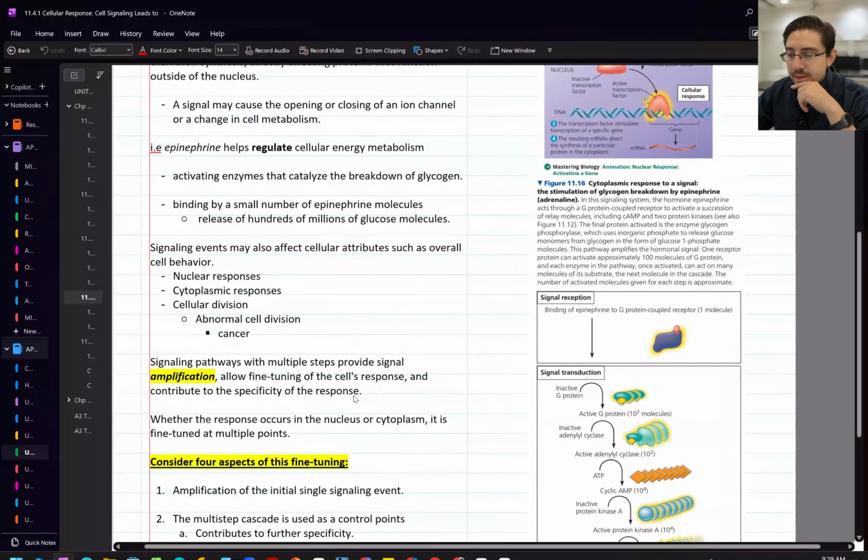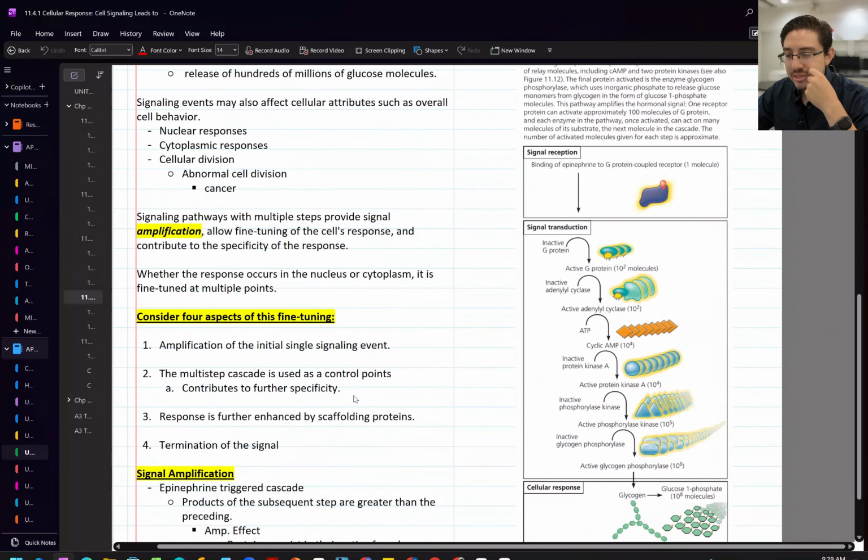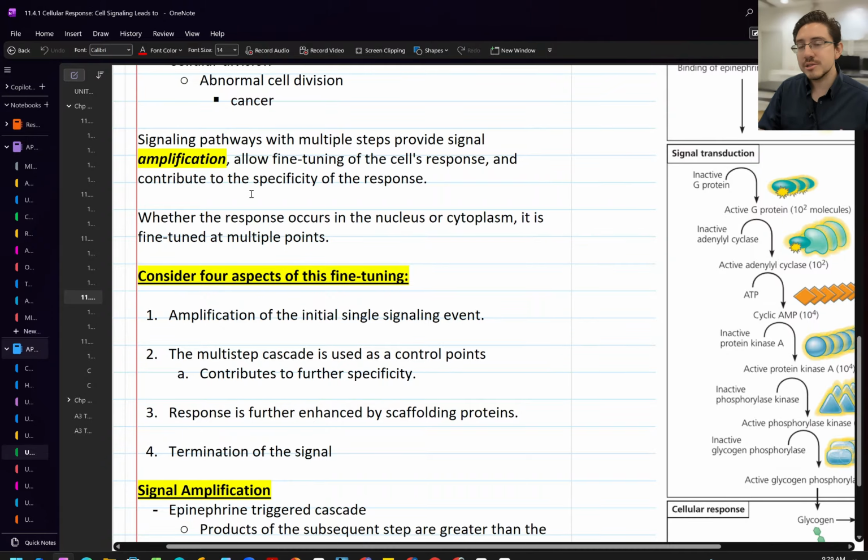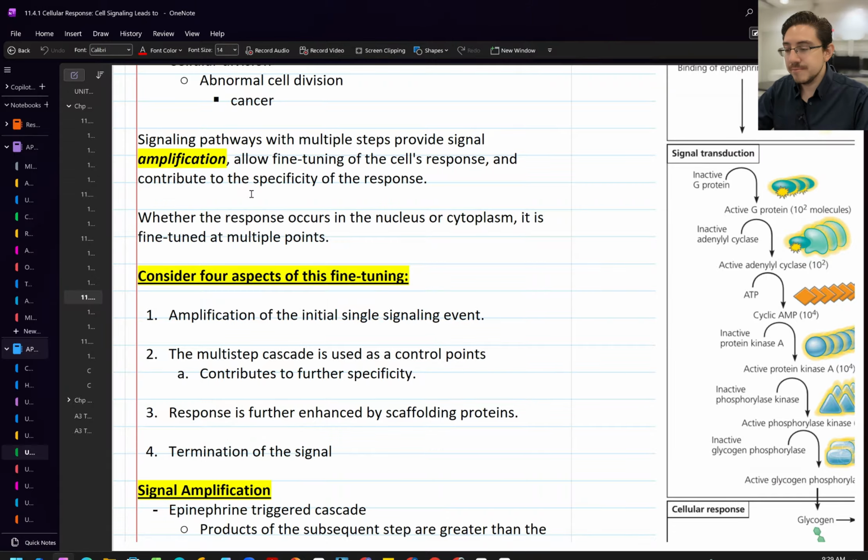All right. And then I want to kind of go into this idea of amplification. Remember when we talked about the multi-step process, we're going to go back on this. Okay. Signaling pathways, as I mentioned before, have multiple steps. And this idea of multiple steps can help amplification. Amplification can help quick response, very fine-tuning response, and coordination amongst the cell.